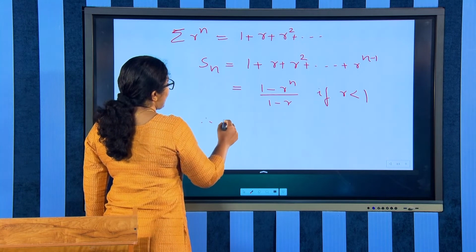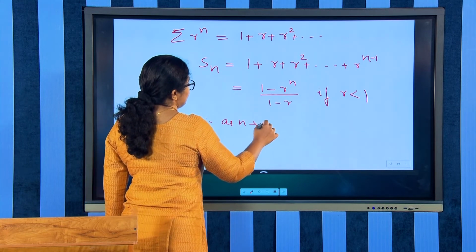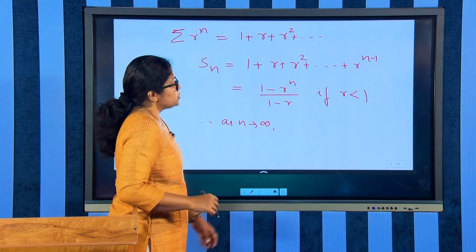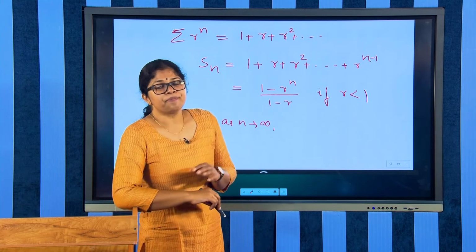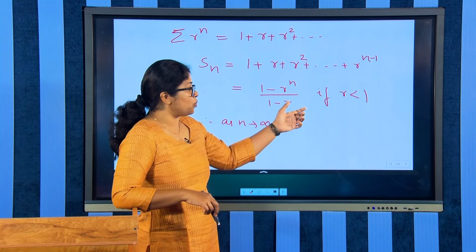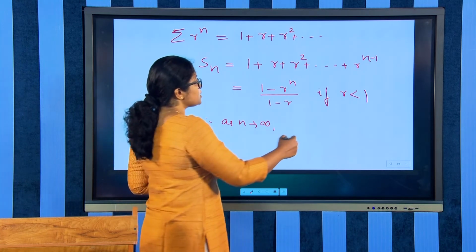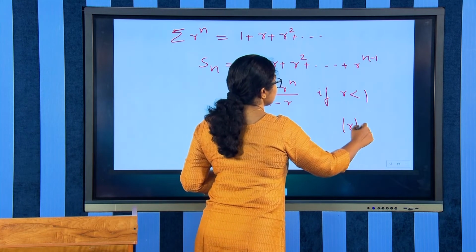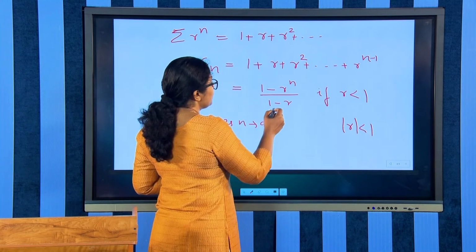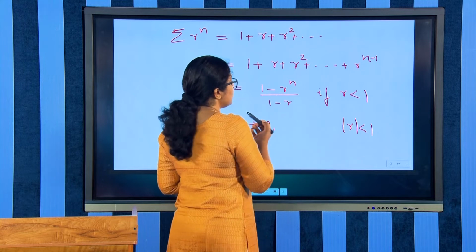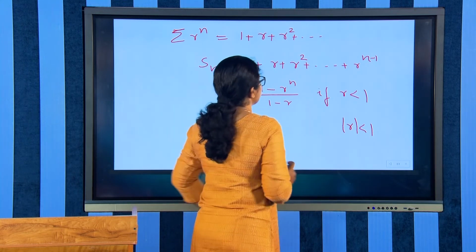Therefore, as n tends to infinity, r less than 1 means r is the common ratio which is less than 1. So if modulus of r is less than 1, we can take r to be positive, that is why we are restricting to modulus sign.